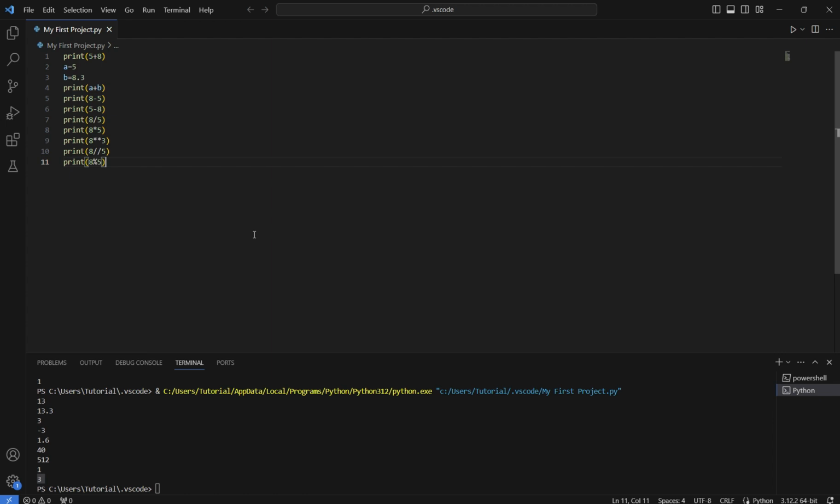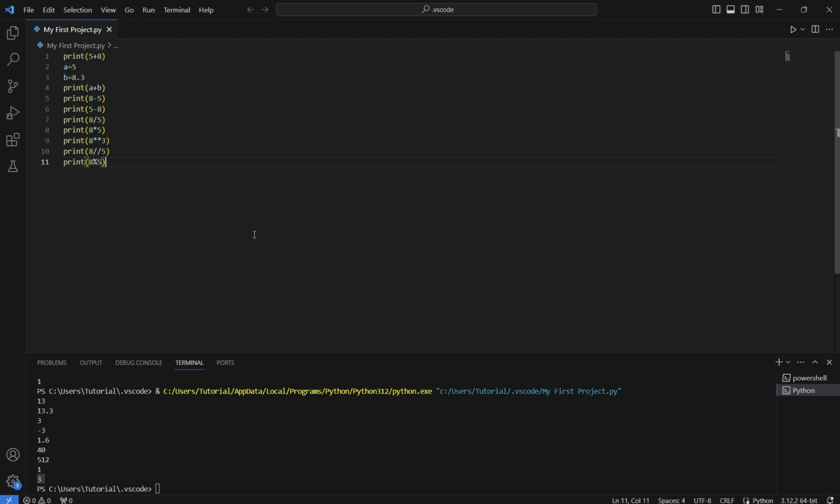We can also combine multiple operators or the same operators together, but you have to keep in mind the order of operations. PEMDAS: parentheses, exponents, multiplication, division, addition, and subtraction. You might recall this from your algebra class, but this will also take effect in Python.